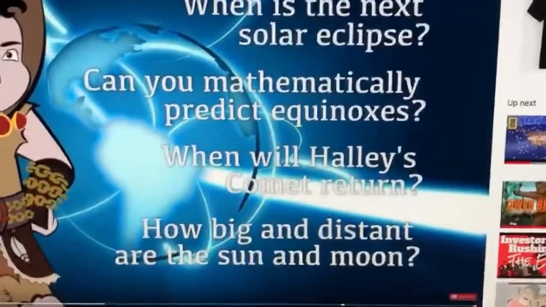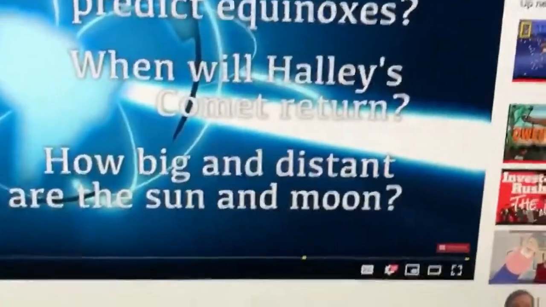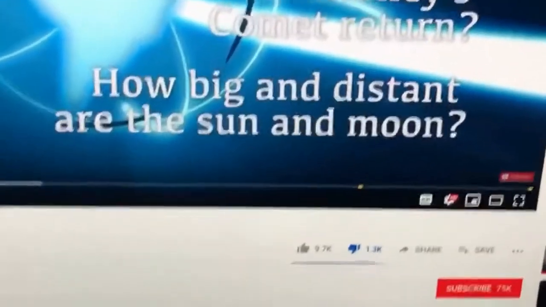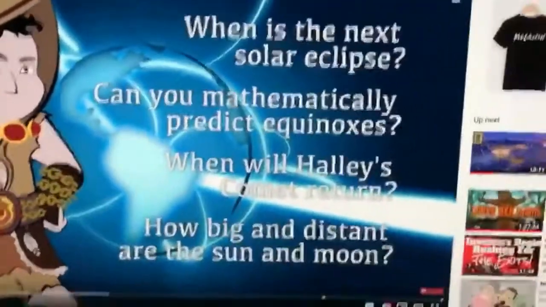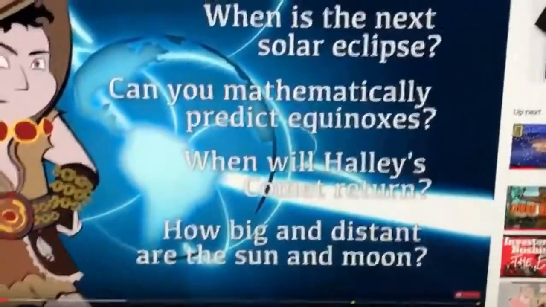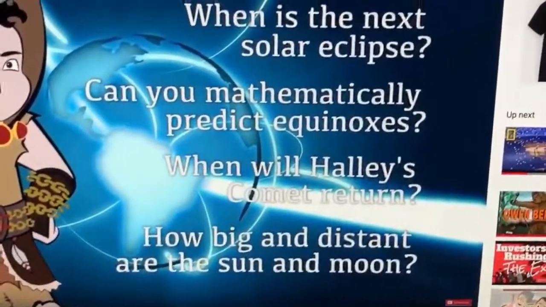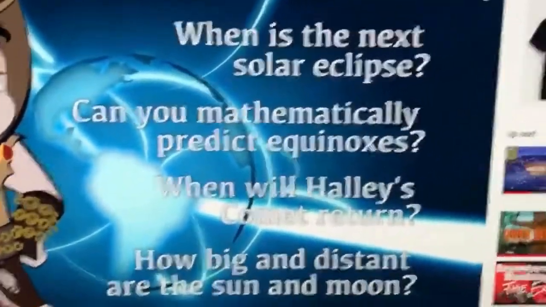Predictions for solar eclipses, predictions for equinoxes, predictions for Halley's Comet, which would never be on a cycle in a heliocentric random universe. And how big and distant are the sun and moon? All these predictions were able to be made long before the heliocentric model was conceived.